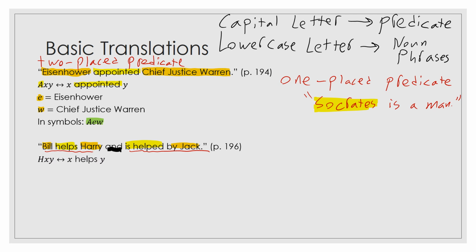In general, we might think of it as this. At least on the left-hand side, we have x helps y, where b is for Bill, h is for Harry, and j is for Jack. And we can then construct our predicate logic, capital H, lowercase b, lowercase h, and capital H, lowercase j.